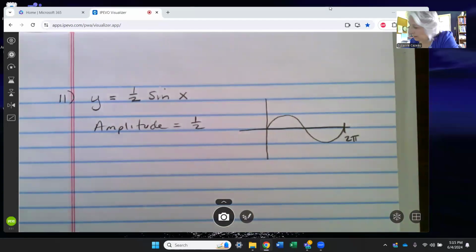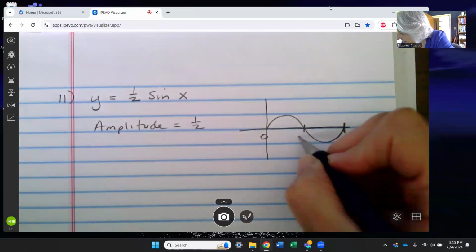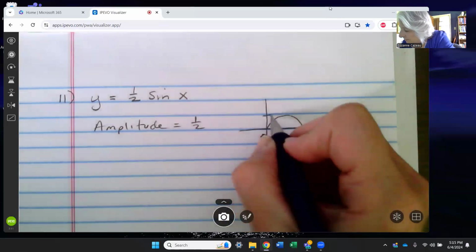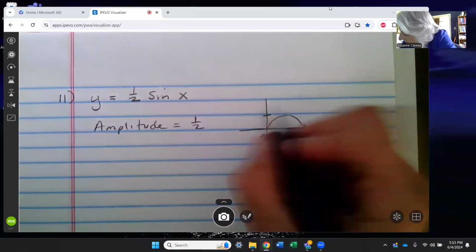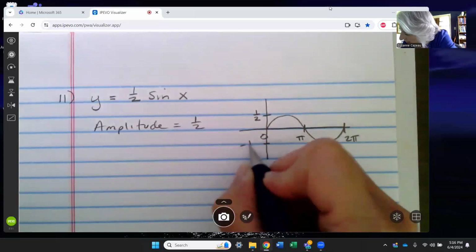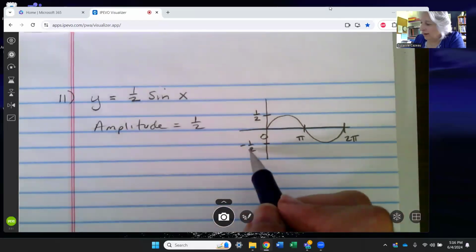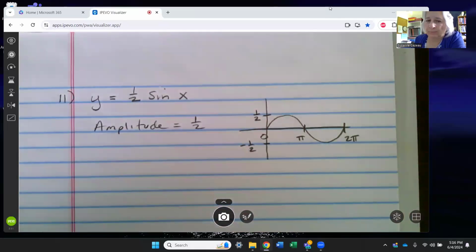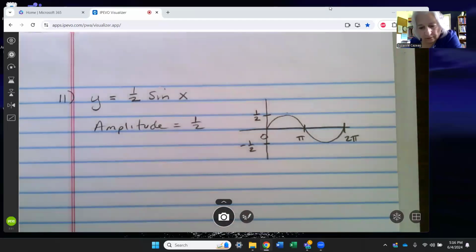That's where it starts repeating. And this is 0, this is pi. I'm just going to throw some stuff here. But instead of 1, the amplitude is 1/2. So that's what makes this one different. And this down here is negative 1/2. So that means your range is going to be negative 1/2 to 1/2. And yes, you're going to put brackets to include those endpoints because this point is a part of the graph.